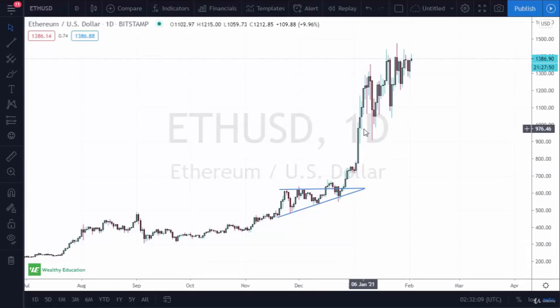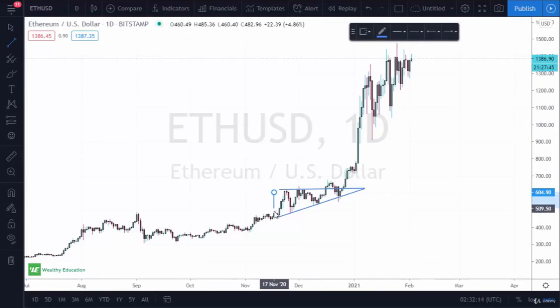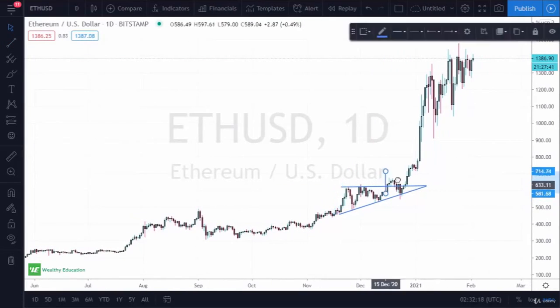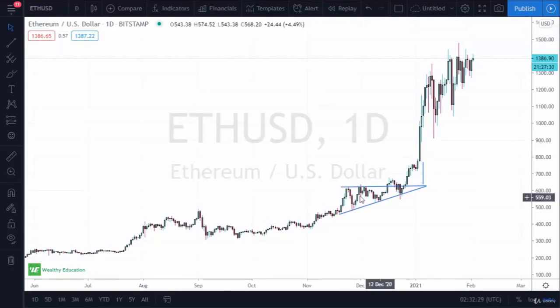We did break out over it. And you can see not only did we get the target, but we also really just took off to the upside. You can see that there was a little hesitation there. And then we continued much further. But nonetheless, you did hit your target.